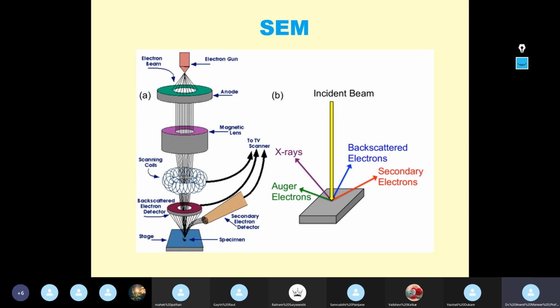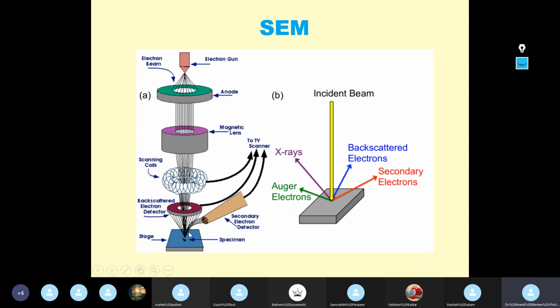Backscattered electrons are detected, but they are not used as far as visualization or formation of the image is concerned, but they can be detected. All the connections are with the TV or cathode ray tube. You can very easily observe that.